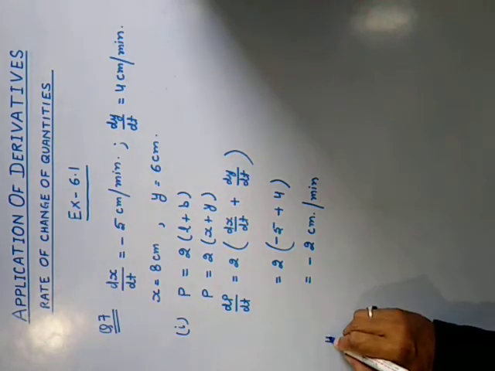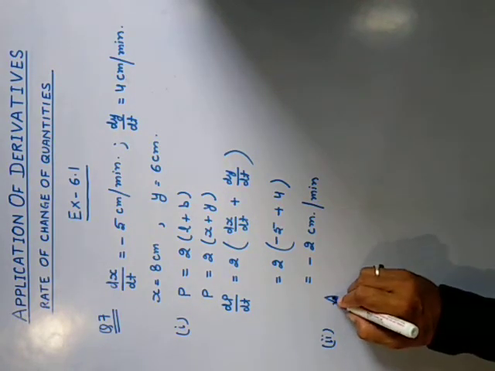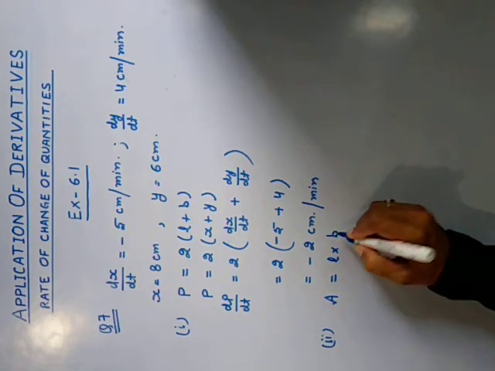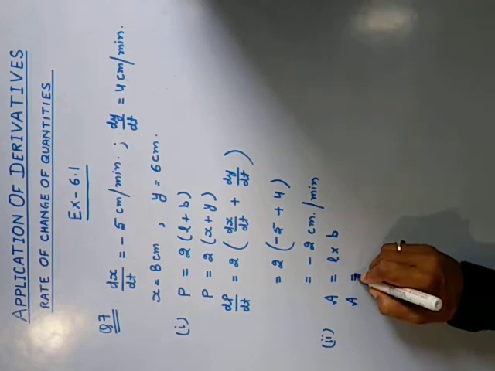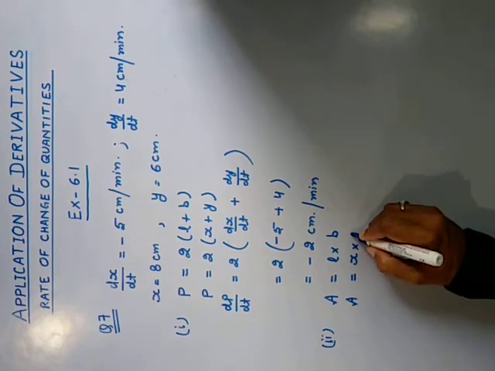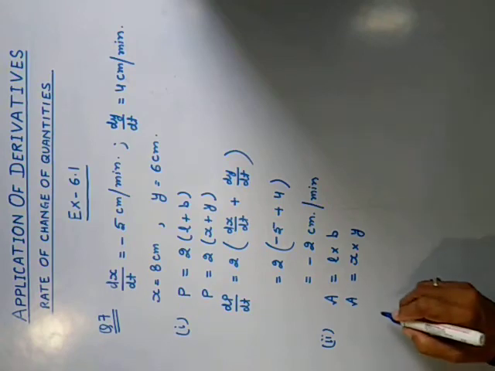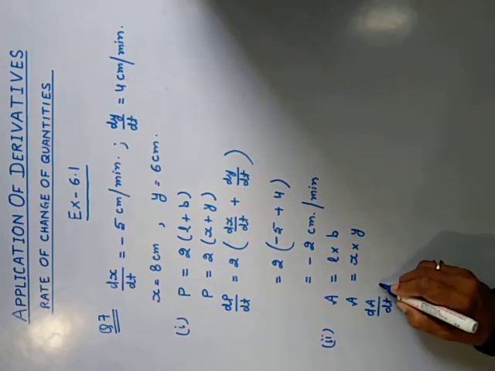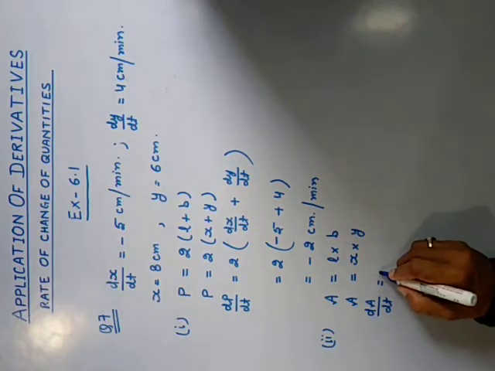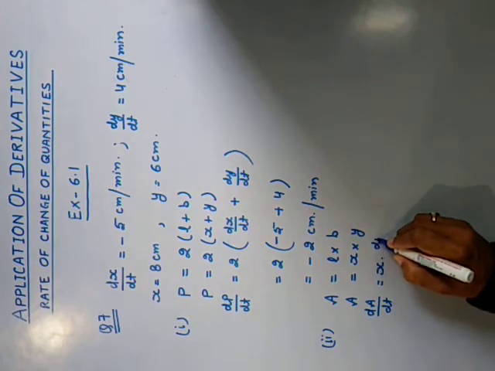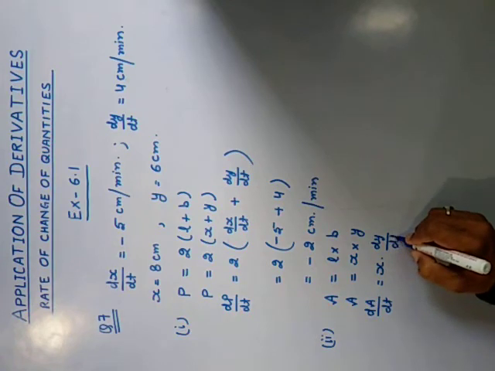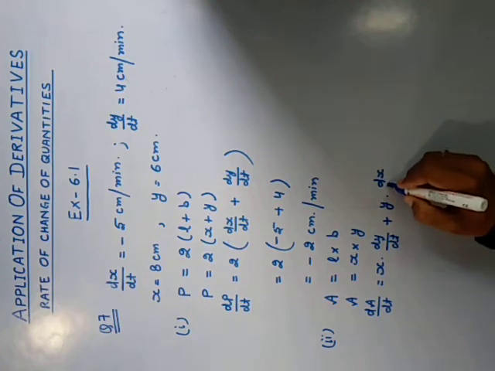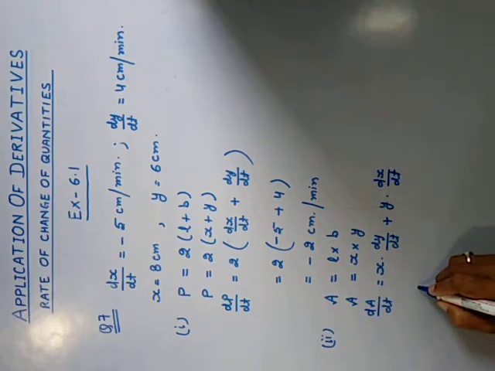Now in the second part, we have to calculate the rate of change of area. The area of a rectangle is length into breadth. Area A equals x into y. Differentiating with respect to t, we have dA over dt. Here we have to apply the product rule. First function times the differentiation of y, which is dy over dt, plus second function times dx over dt.